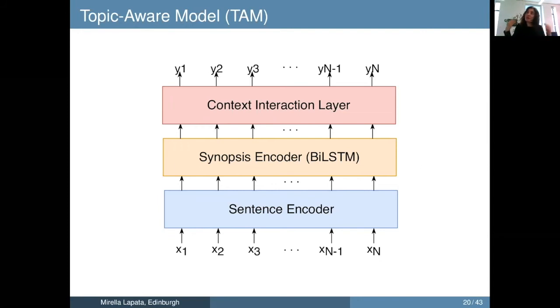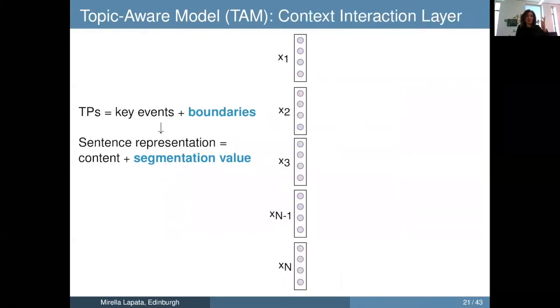So if you think about it like that, this is a segmentation task. And the model so far has no notion of how the topic changes from one sentence to the next. So we are trying to instill in this model this knowledge of topic changes, a bit like TextTiling, if you remember what that was.